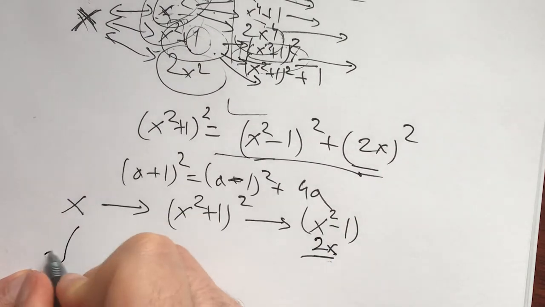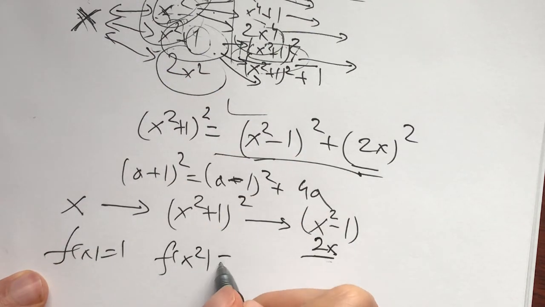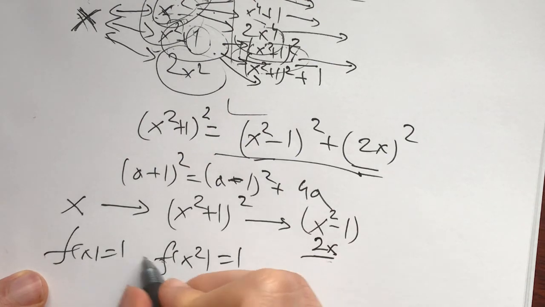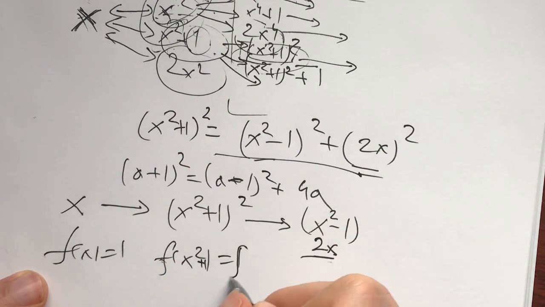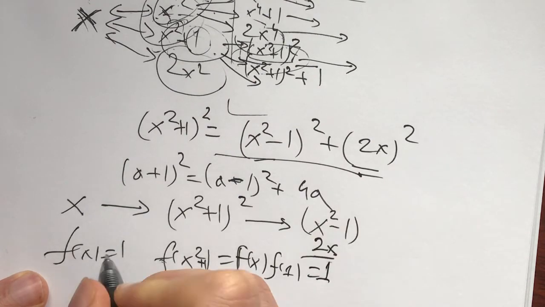So if we have f of x is 1, then we know that f of x squared is 1. But what we also know is that f of x squared plus 1 is f of x times f of 1, and this is also 1.